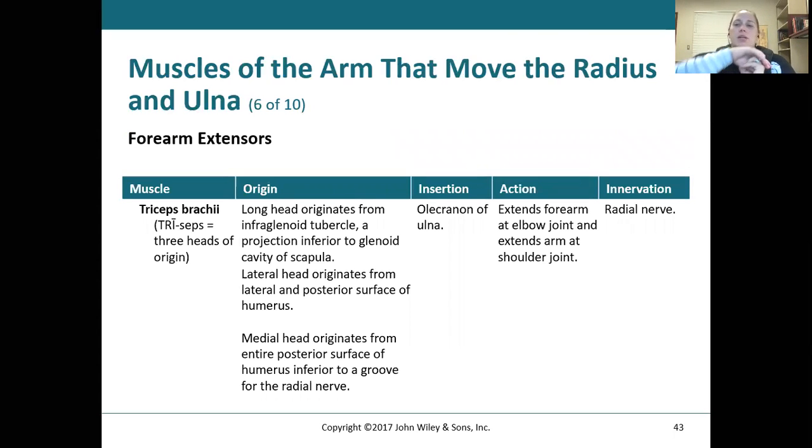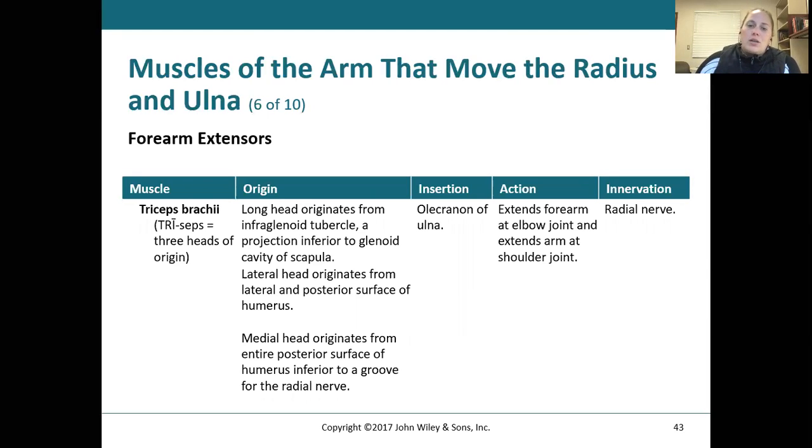Okay, triceps brachii. The long head originates from the infraglenoid tubercle, a projection inferior to the glenoid cavity of the scapula. We know where the glenoid cavity is. The lateral head originates from the lateral and posterior surface of the humerus. The medial head originates from the entire posterior surface of the humerus inferior to the groove for the radial nerve.